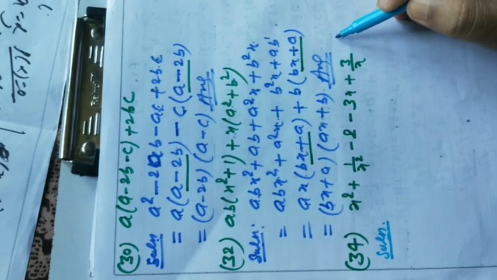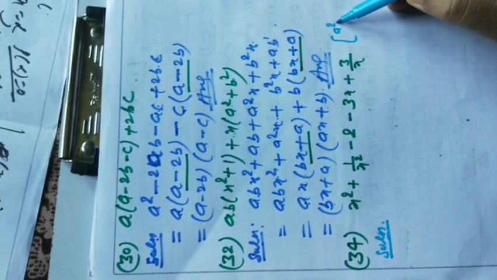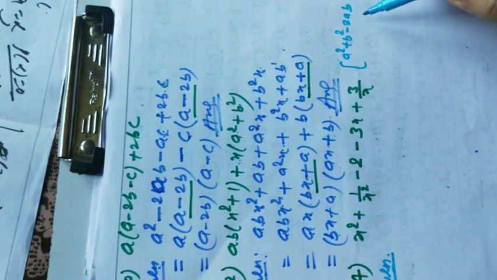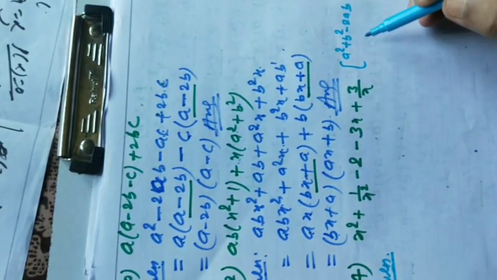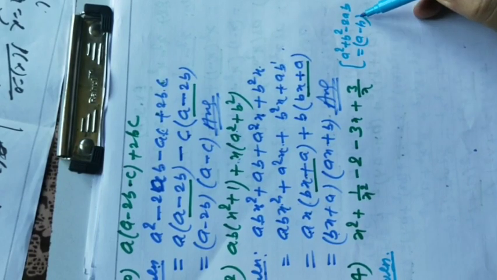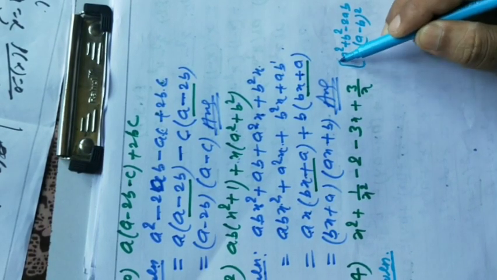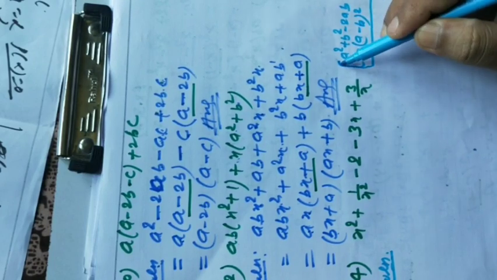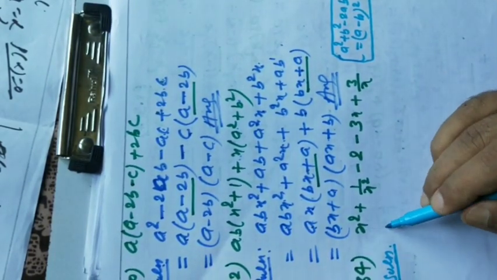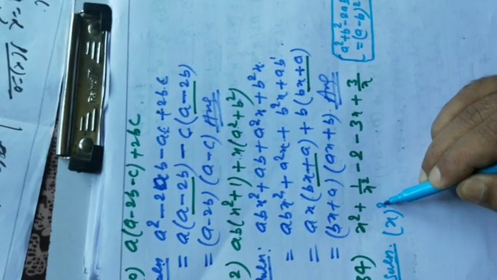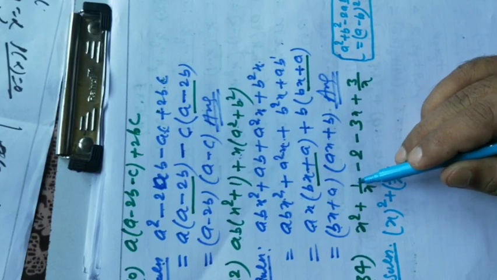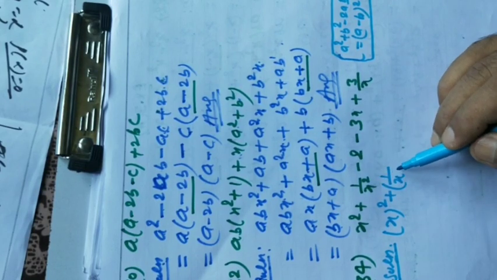You know that a square plus b square minus 2ab is equal to a minus b the whole square. Okay, so we will use this formula here. This can be written as x the whole square plus 1 by x square. 1 square is 1 and x square is x square.